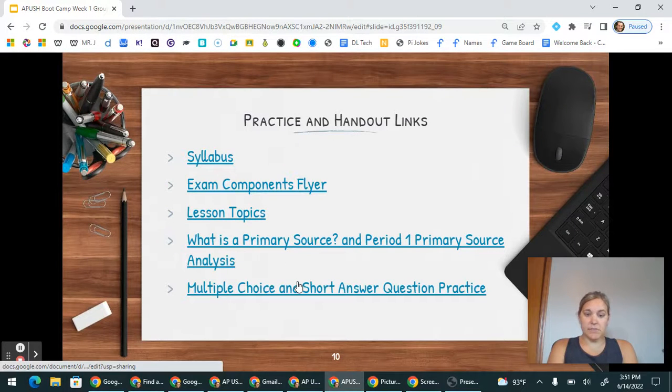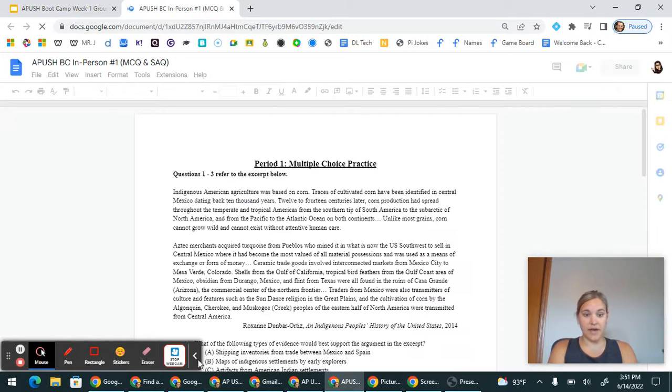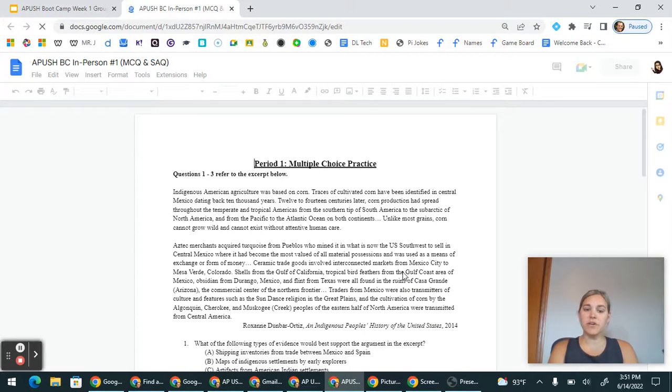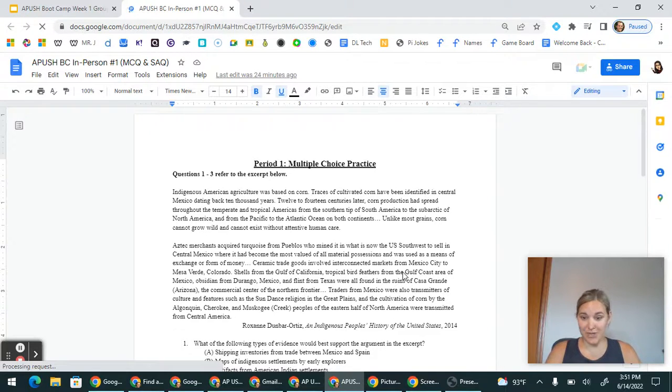Then you will see multiple choice and short answer question practice. Again, these are linked on the Google Classroom as well. What you'll find is that the multiple choice for APUSH history is likely different from the multiple choice you have taken for other classes. It's not just your traditional question and 4 or 5 options.